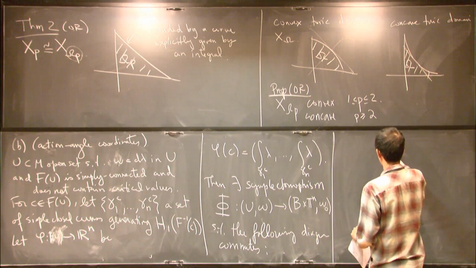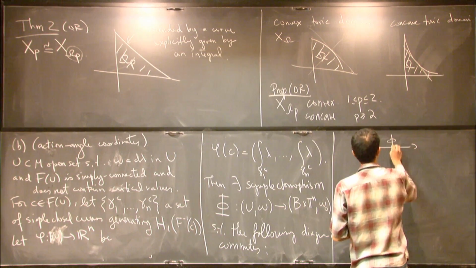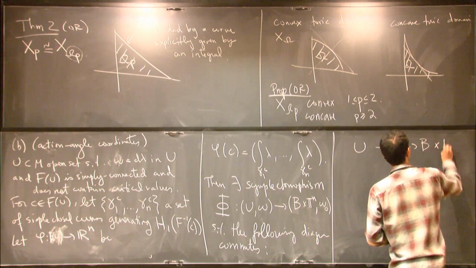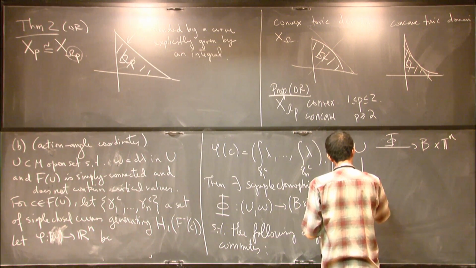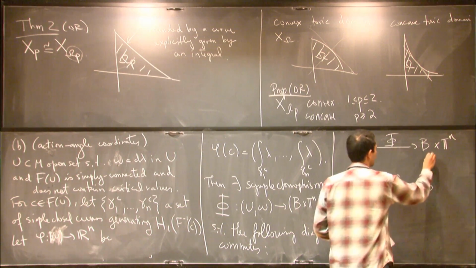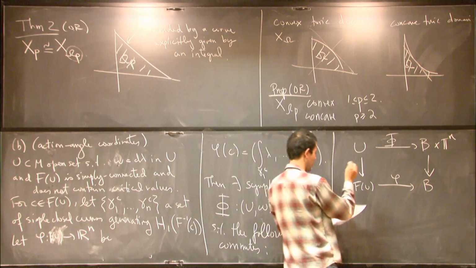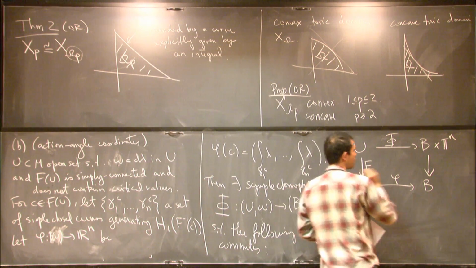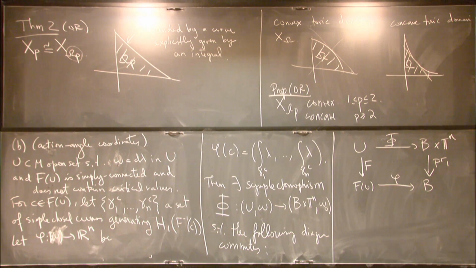And the diagram that commutes is, so you have u, and then here you have phi that goes to b times Tn, and then you have f of u, and then you have phi. So b is just the image of f of u. And here you have the function f, and here you have the projection onto the first term.